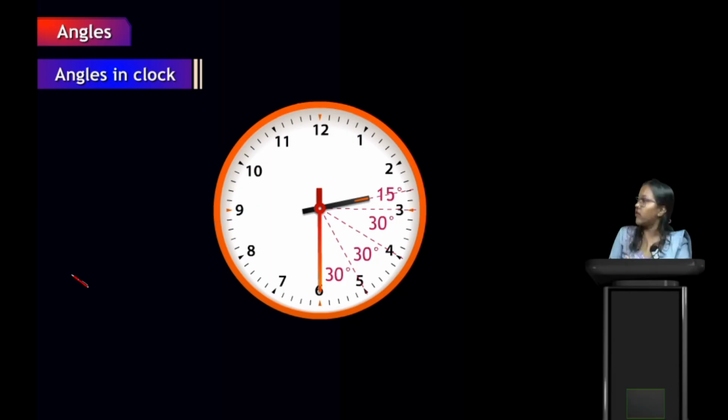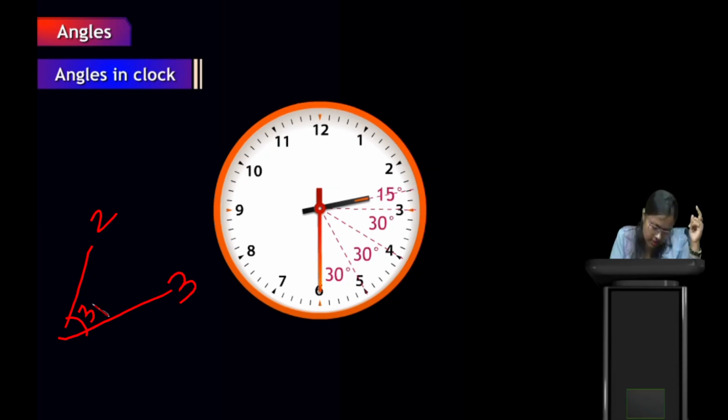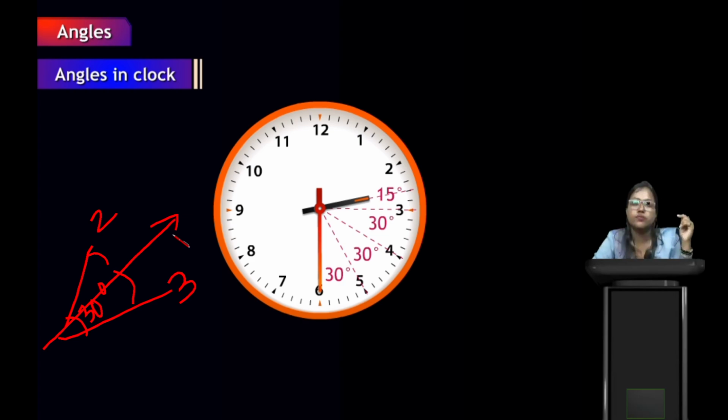Okay, now here another time is showing. You see our hand is in between 2 and 3. It is in the middle, right? So from the middle of 2 and 3 to 3, how much angle? Suppose here it is 2, here it is 3. Between 2 and 3 we know it is 30 degrees. Now the hand in the middle will bisect 30 degrees, so upper part 15, lower part also 15.